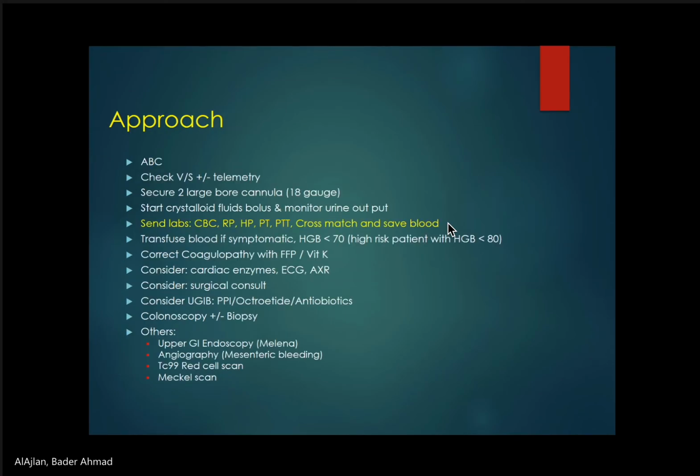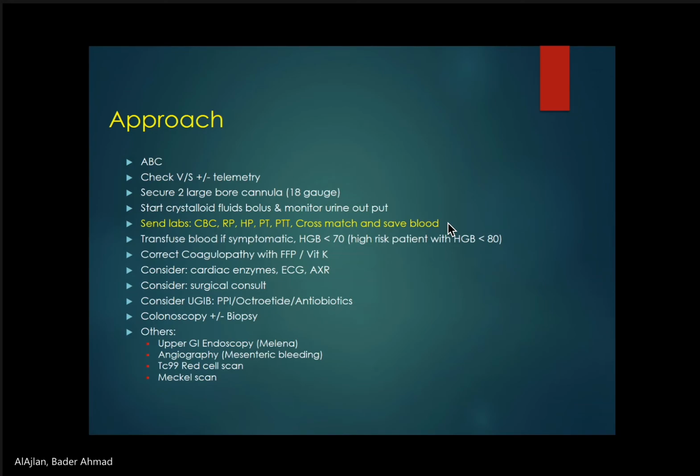How is the approach? The same as what we did for the upper: ABCs, connect them to monitors, 2 large bore cannulas, connect them to oxygen, monitor urine output. We might need to give them fluids or blood, depending on the hemoglobin levels.